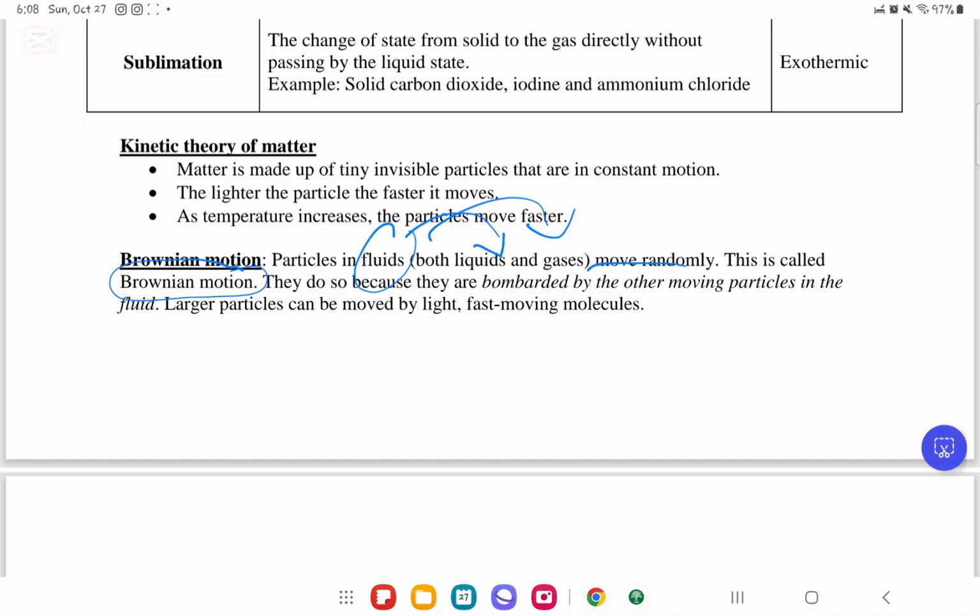Yes, they move, but in fluids, which are liquids and gases, the particles bombard each other, they hit each other. So larger particles can be moved by light, fast-moving molecules. That means big particles can be made to move if something small, even if it's moving really fast, hits them.